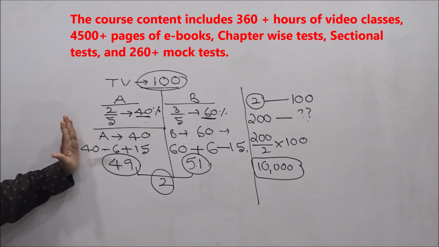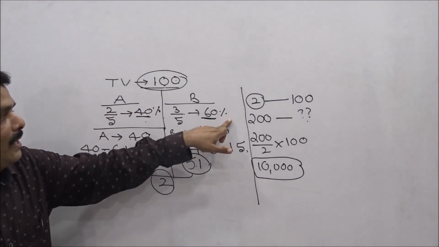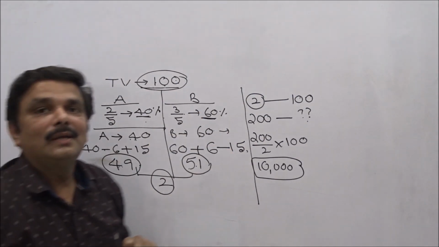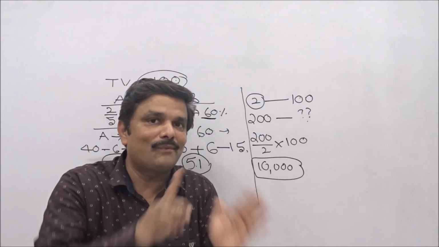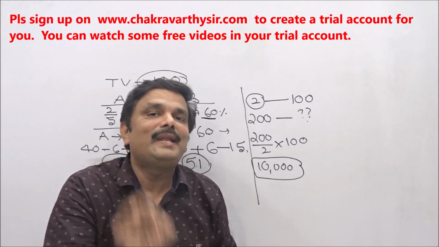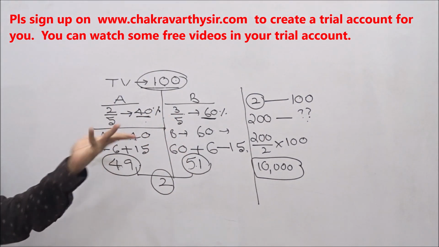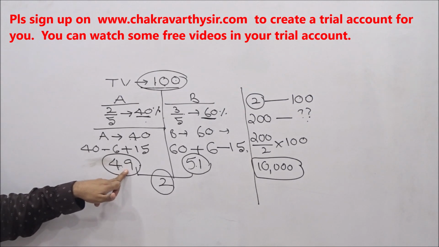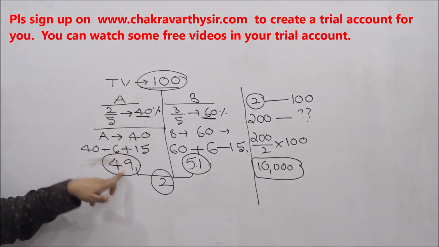This 34% plus, from B side bonus to A, 25% of 60. What is 25% of 60? Just calculate very quick. 15. Those 15% plus 34% is nothing but 49. Yes or no? 49% of the votes got by A.